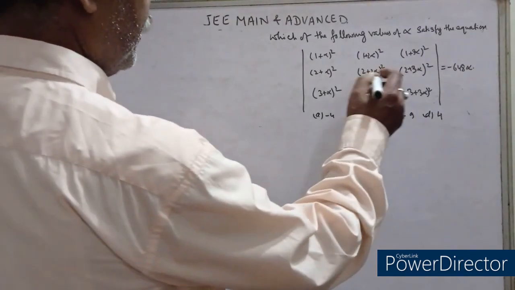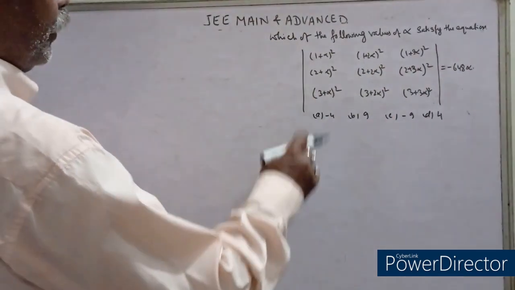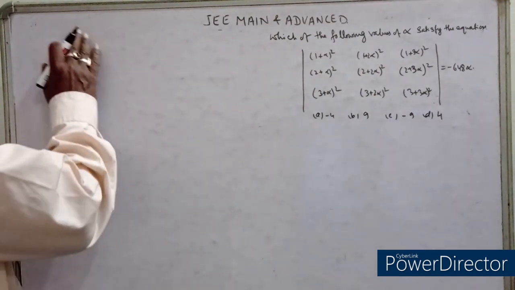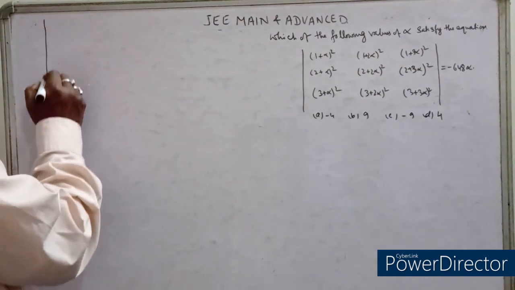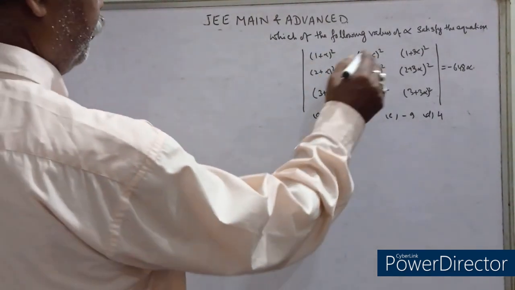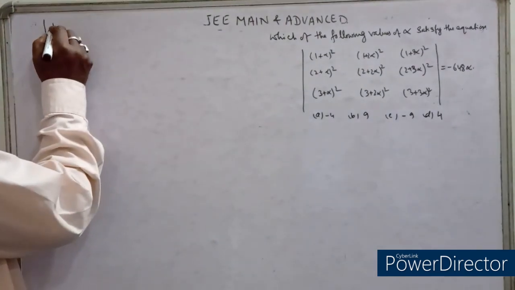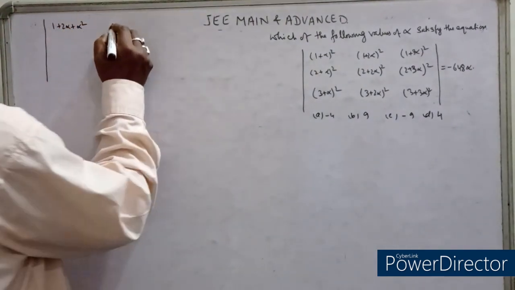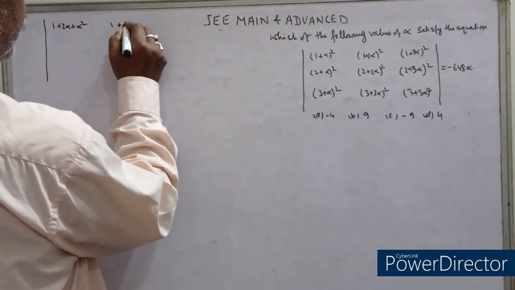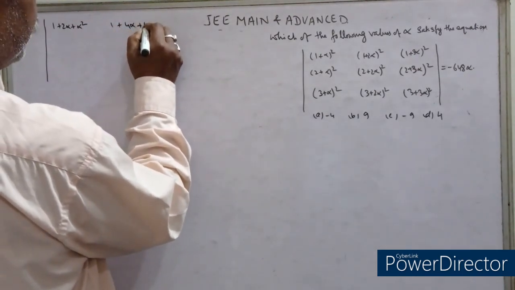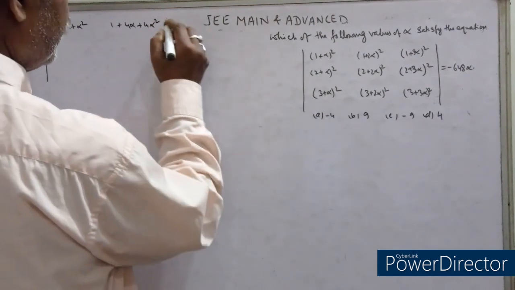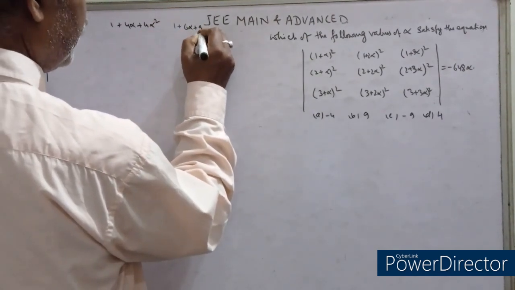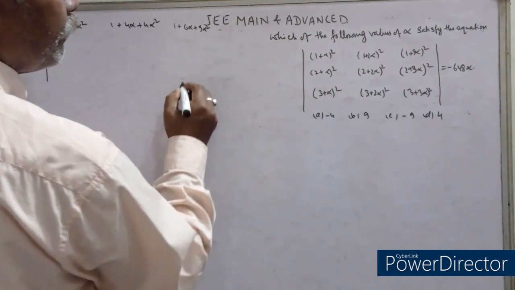Now my next question is this. You have to find out the value of alpha. So here you see this, I just expand these formulas. So 1 plus 2 alpha plus alpha square, 1 plus 4 alpha plus 4 alpha square, 1 plus 6 alpha plus 9 alpha square.